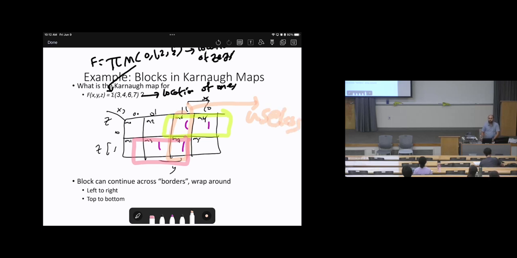Why? Because the green and the red groups cover everything. Why do I need to make this one? This one means we have an extra term, something that's useless. Why do we need to add it? Since it's already been covered in the green and the red loops, that's enough.